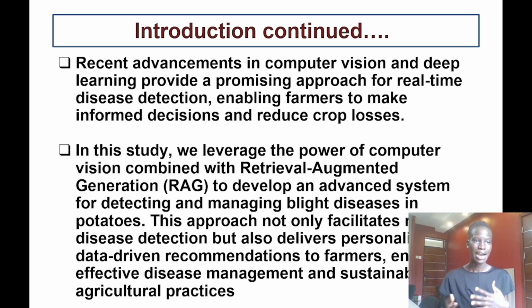Computer vision is a field of computer science that allows computers to understand and identify objects and people in images and videos. Retrieval augmented generation is an artificial intelligence framework that combines the strength of traditional information retrieval systems, such as databases, with the capabilities of generative large language models.